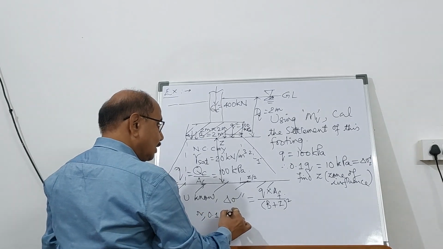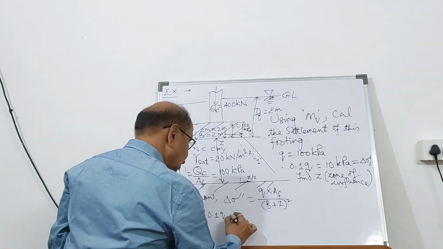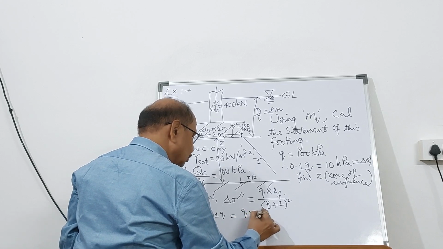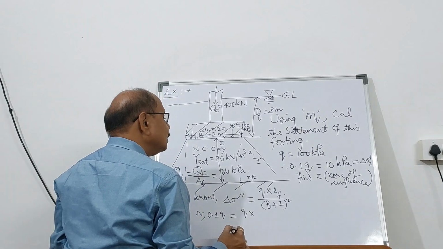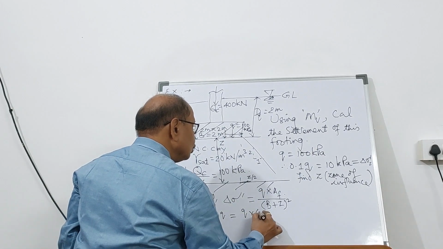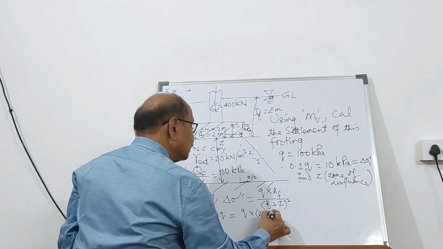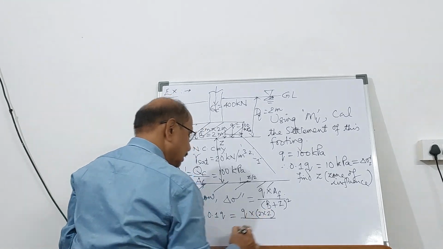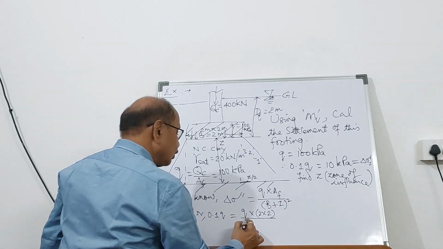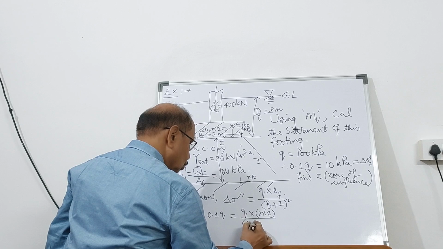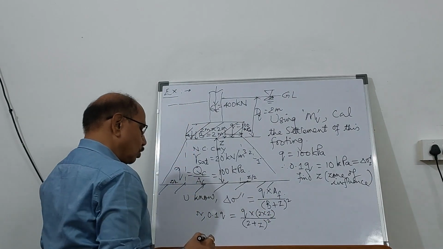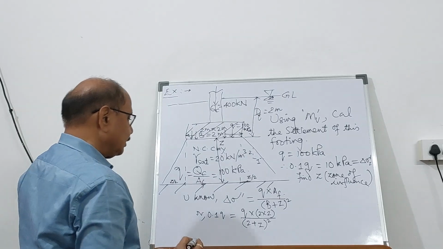Therefore, 0.1 times q equal to q into area of the footing. You already know that the area of the footing is going to be 2 into 2, that is 4 square meter, it is a square footing, divided by (B plus Z) whole square, where B, width of the footing, is 2 meter. So (2 plus Z) whole square, isn't it?